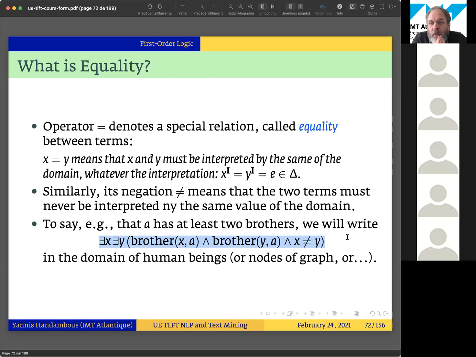In the real world, it doesn't make sense to say that somebody is his own brother. We always have the background knowledge that the brother of somebody is somebody different. There is only a movie called Predestination where this is all mixed up because it's a movie made with time traveling.